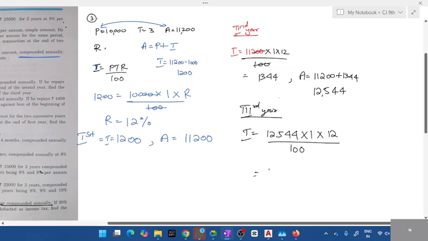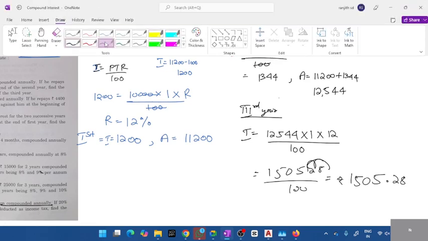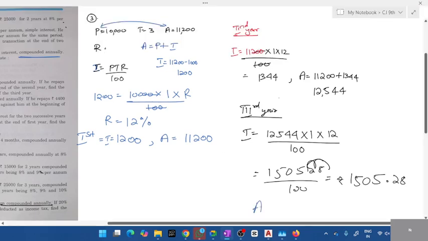So you'll get 150,528 divided by 100. Place decimals, 1505.28. After that, calculate amount. Amount is equal to 12,544 plus 1505.28.